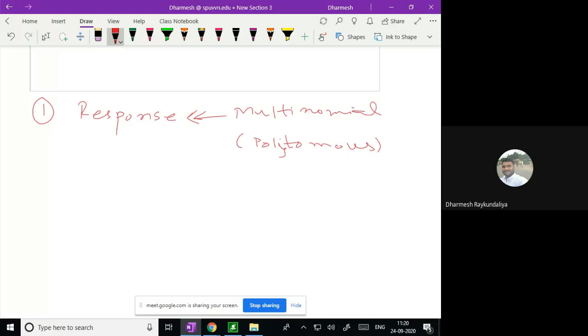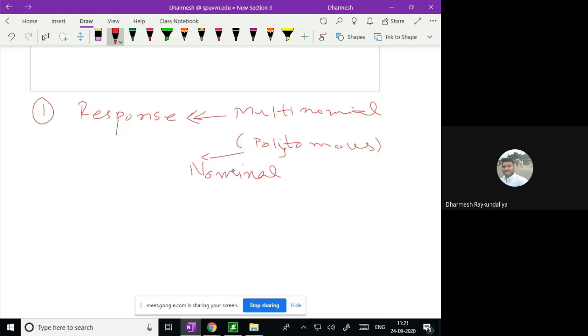If it is polytomous, then I would like to see whether the response categories have any connection or not. If the response categories have no connection, they are purely nominal. And because the response categories are nominal and there are more than two, I wish to develop a model.